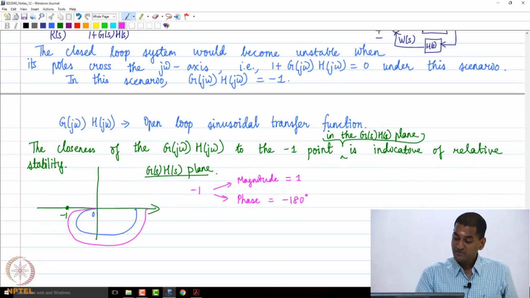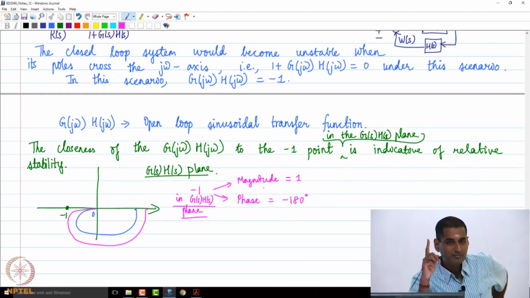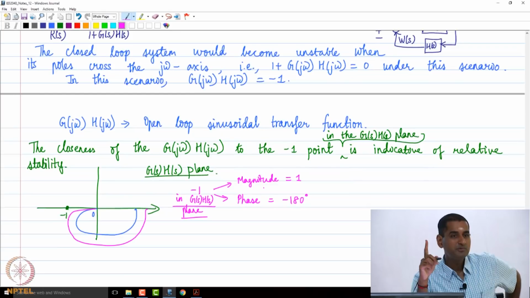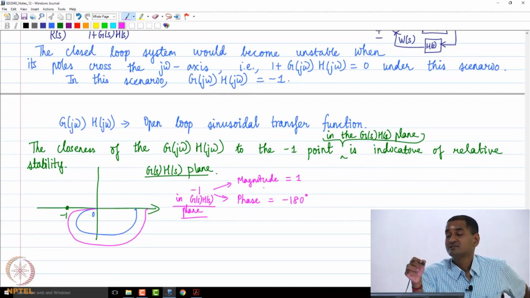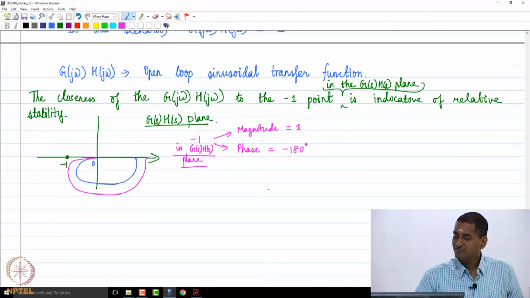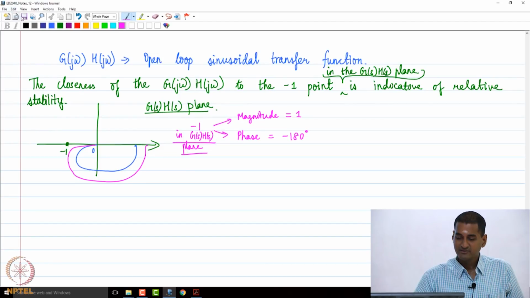So the minus 1 point in the G(s)H(s) plane indicates that the magnitude of the open loop transfer function is 1 at that point and the phase of the open loop transfer function is minus 180 degrees. Do you agree? I am just writing in terms of magnitude and phase. We are going to use this idea to define a few parameters that can quantify relative stability. That is what we are going to do now.